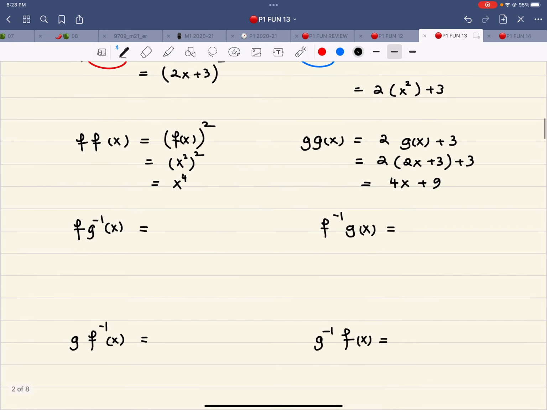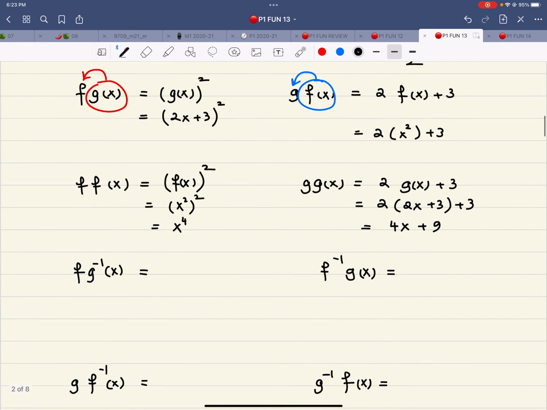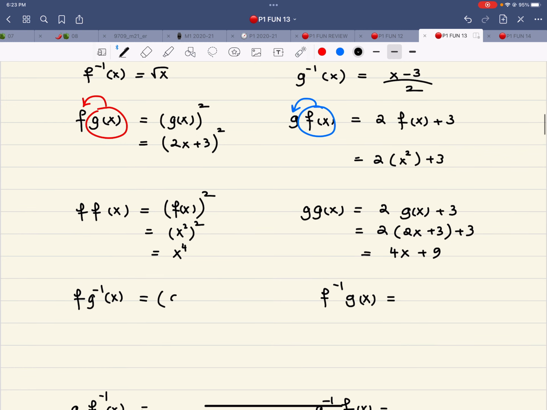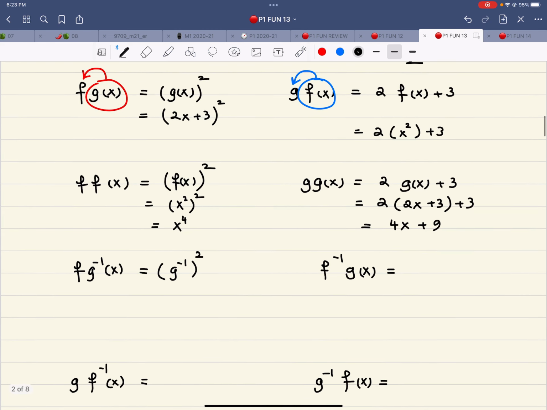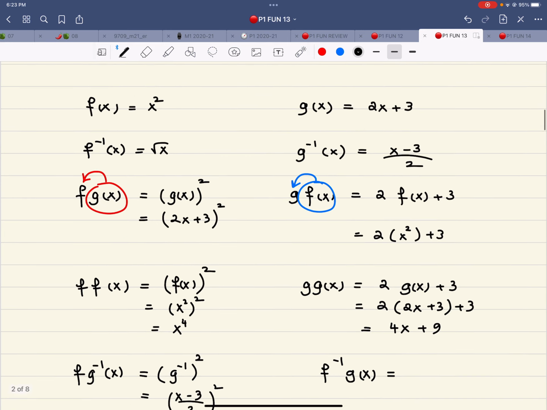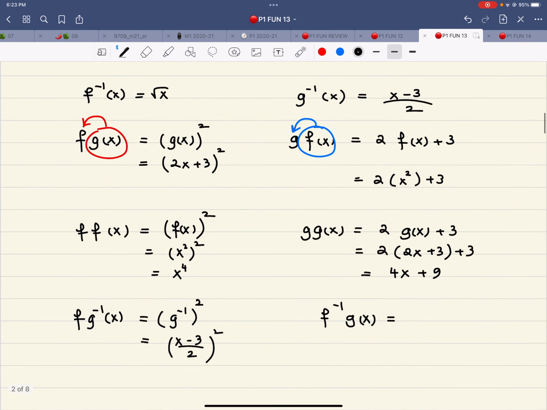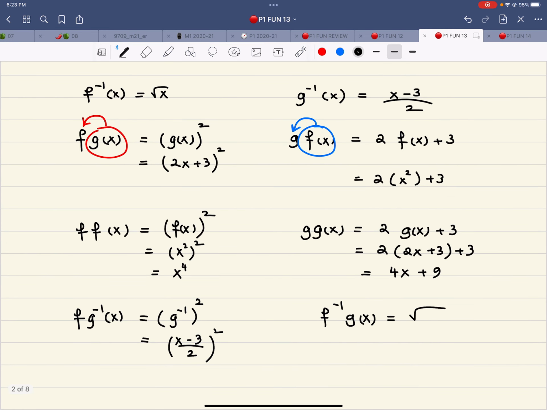So f of g inverse, that means f(x) is x squared, so therefore this is g inverse x the whole thing squared. What is g inverse? (x minus 3) divided by 2, the whole thing squared. f inverse of g(x), f inverse is root x, that is root of g(x), that is root of 2x plus 3.